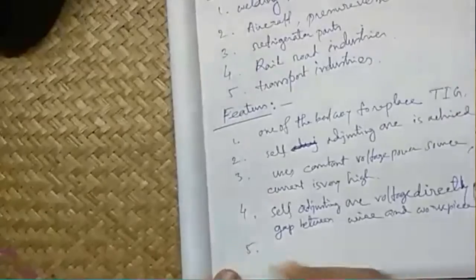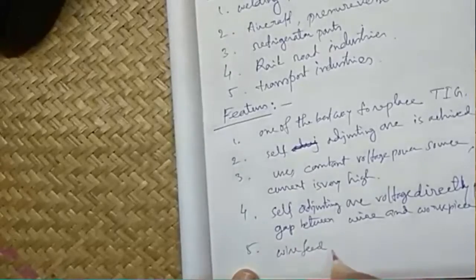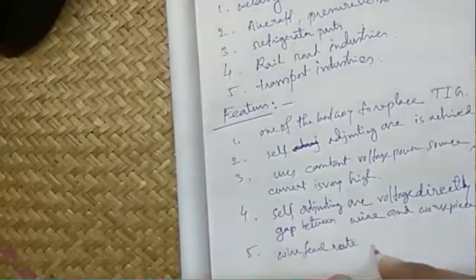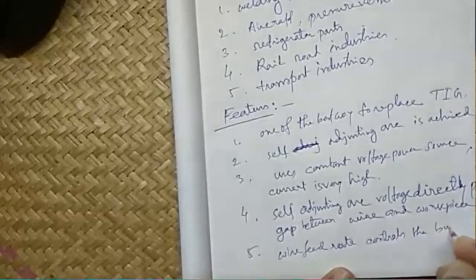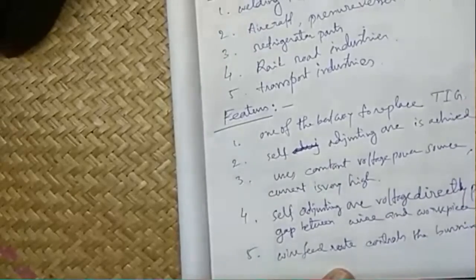And number 5, wire feed rate controls the burning off of the wire.